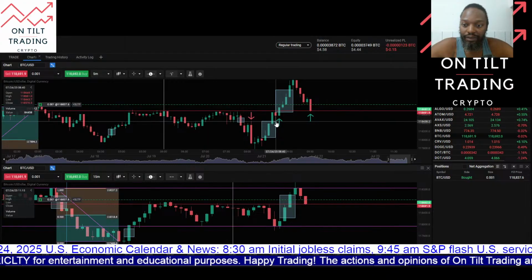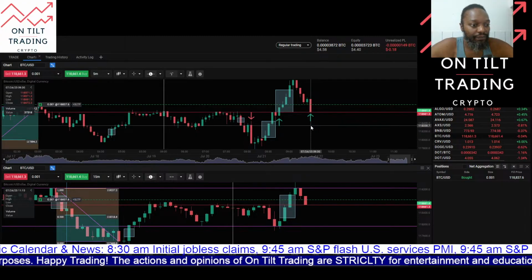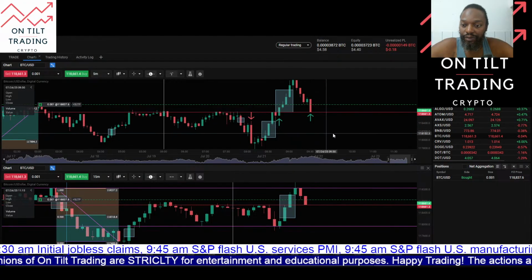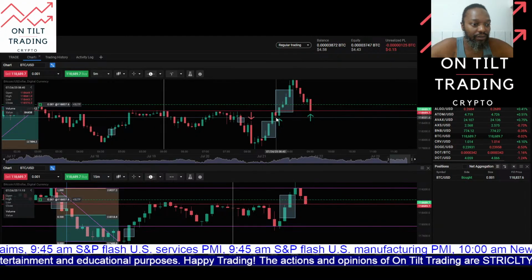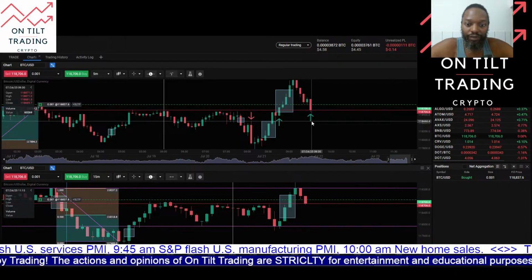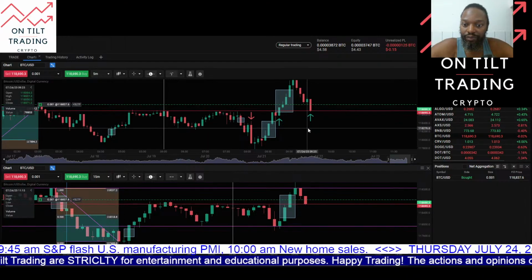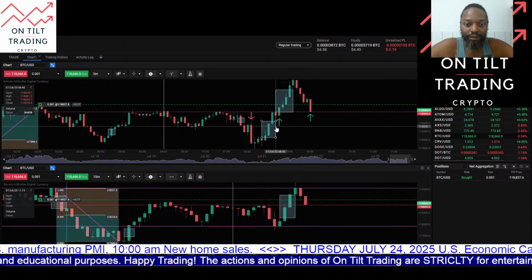So 661. So price about 30, or no, what is it, 20 cents away from closing the fair value gap here. So not quite closed here, but I think 30 cents away from closing the fair value gap. Now the fair value gap has been closed.